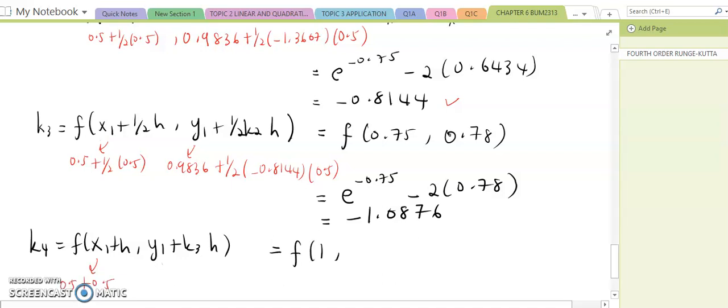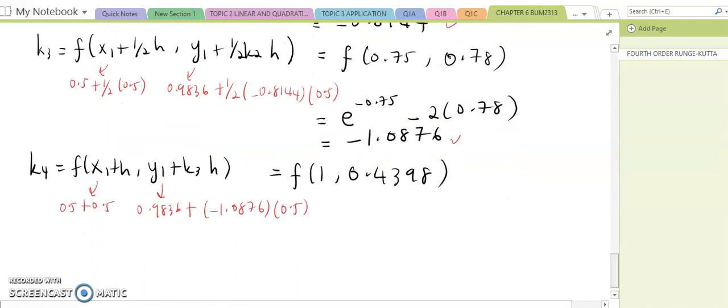And the y value, y1 is 0.9836 plus k3, this value here, negative 1.0876 times h, h is 0.5, so it is 0.4398. And same as before, you just calculate the fxy value when x is 1 and y is 0.4398. Exponent negative 1 minus 2 times 0.4398. And k4 value is negative 0.5117.